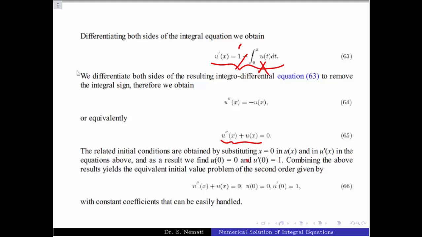For obtaining u prime of 0, we use equation 63. So we set once again x equals 0. We have u prime of 0 equals 1 minus 0, or u prime of 0 equals 1. And these are the two initial conditions which are necessary to have the initial value problem.